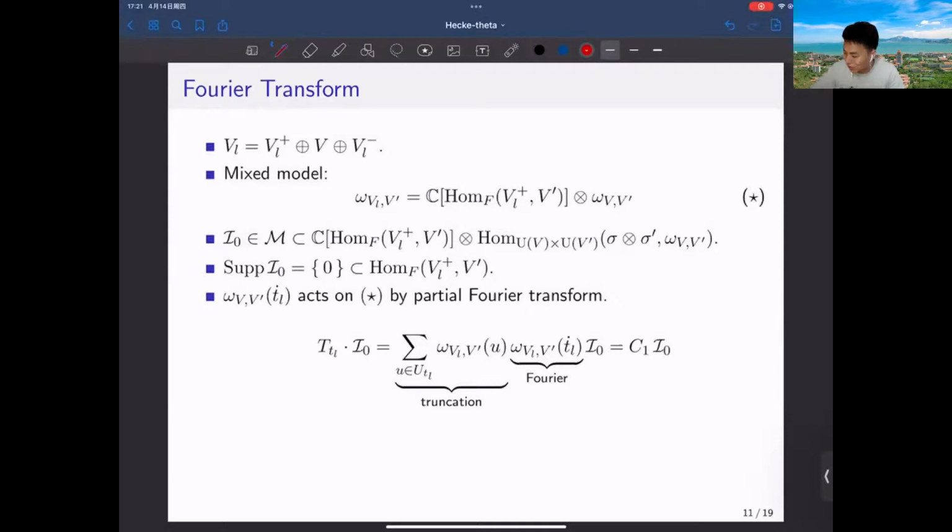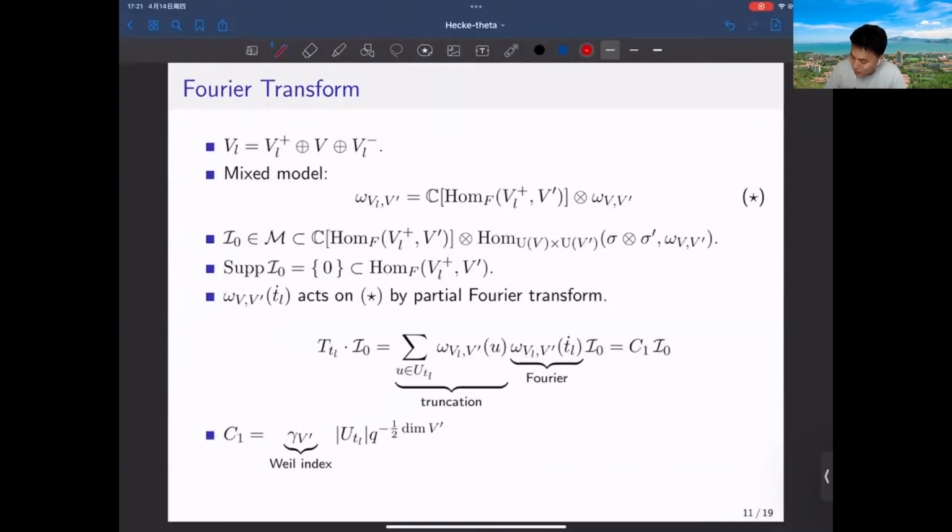Basically, if you have a thing which sits at the origin, the Fourier transform of a point will give you a line, right? And then you will truncate, and you get back the point, truncating the things which are non-zero vectors. This is precisely the situation, but because the Fourier transform is a unitary operator, you will have some scalar.